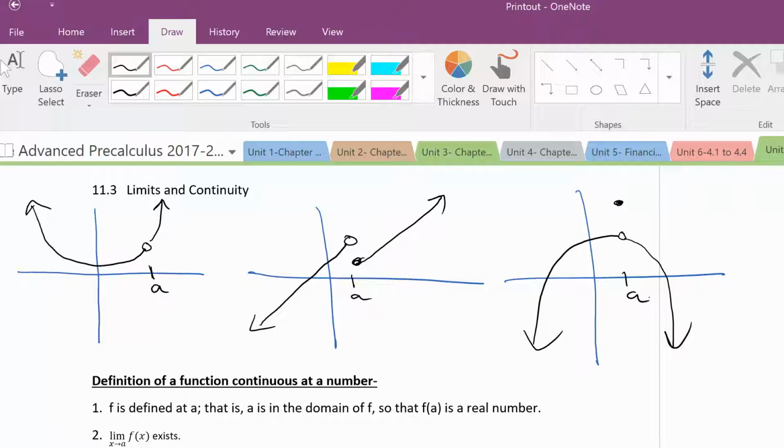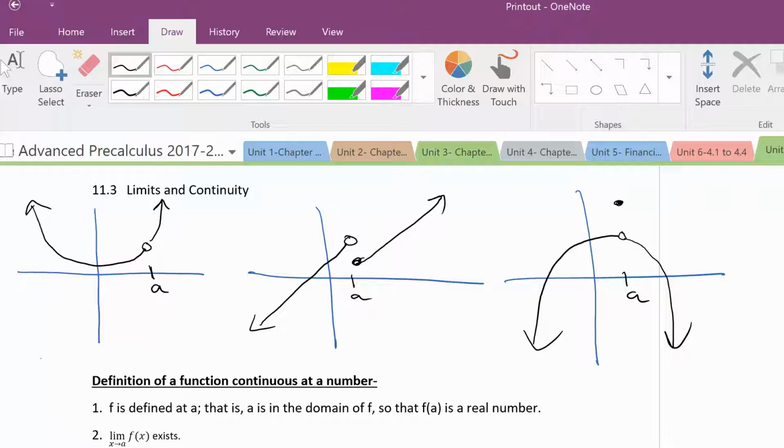Notice each one of the three, if we were to draw the function, we would have to stop, pick up our pencil, and then continue on. So the fact that you can't just make one continuous line without picking up your pencil means the function is not continuous.